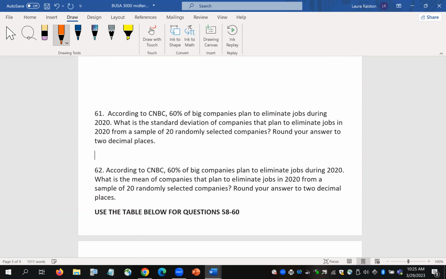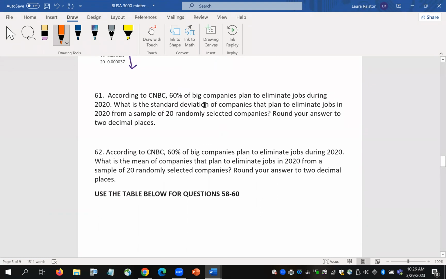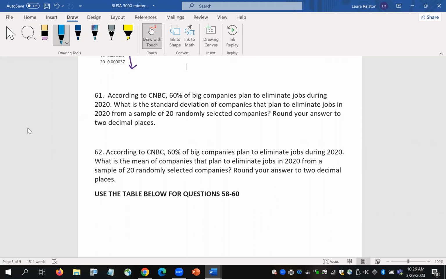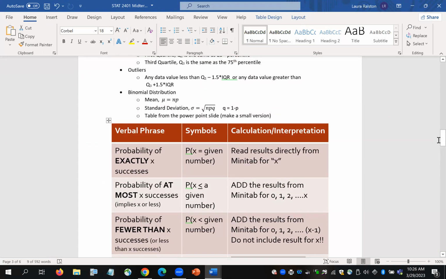Okay, 61 is really kind of a different question. It's the same scenario, but it's asking you to calculate the standard deviation. To calculate the standard deviation for a binomial, it's not on the table that we're talking about, but I do give you those formulas here on this sheet.